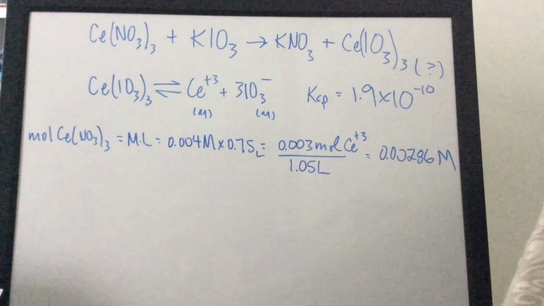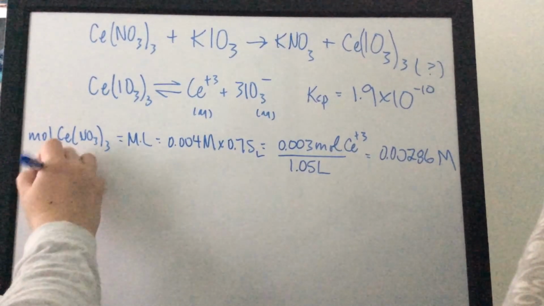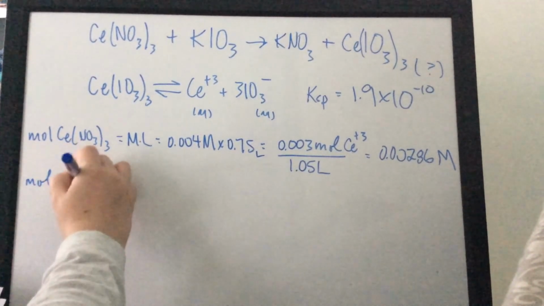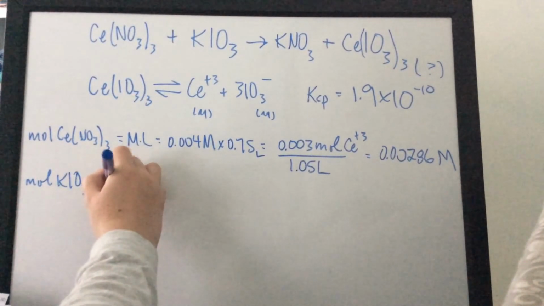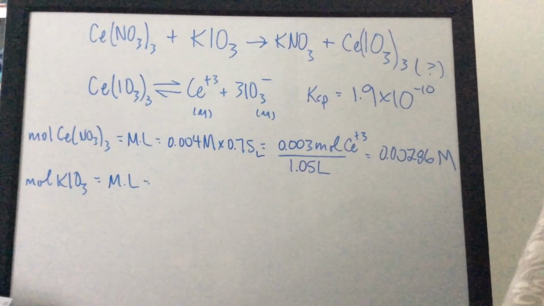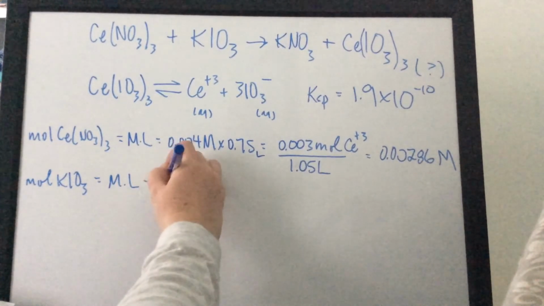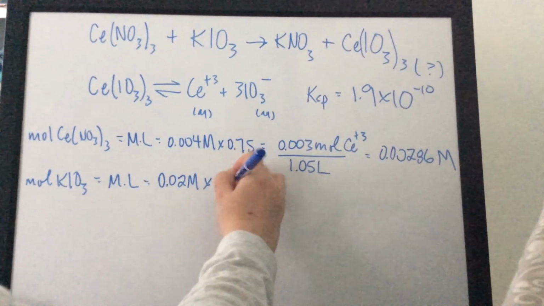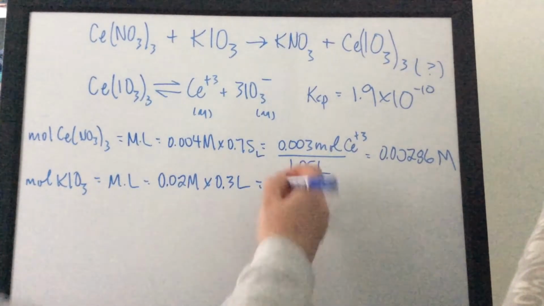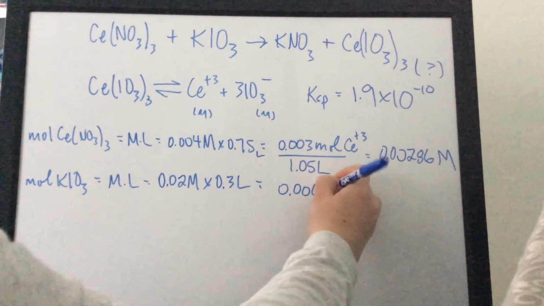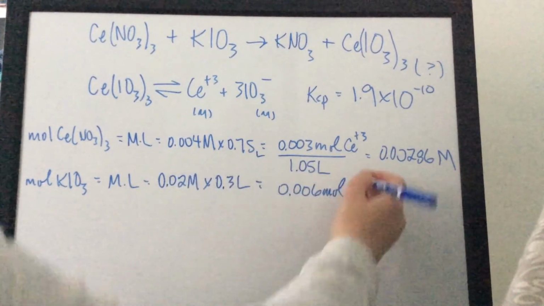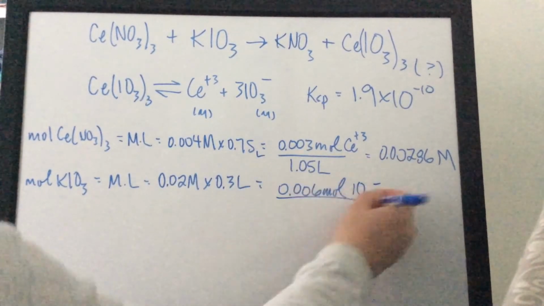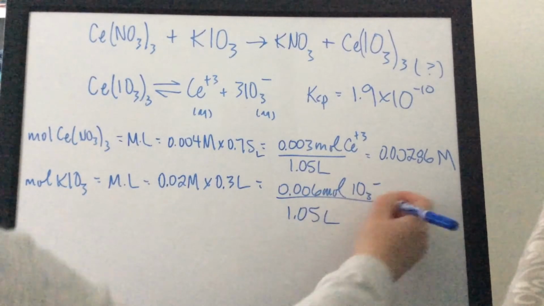And then same thing to find the iodate concentration. So my molarity was 0.02. My volume was 300 mils, so 0.3 gives me 0.006 moles of the whole compound, but also of the iodate because it's 1-to-1. My total volume is still the same.